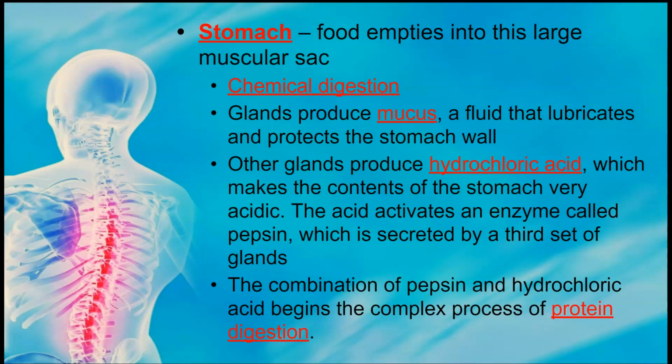So you have water that helps dissolve it. You have the churning physical, mechanical motion. You have the hydrochloric acid, which begins to erode it and cause it to unravel and denature. That means lose its shape, which allows the enzymes like pepsin and amylase to attach to those bonds and break them so we can snip the food down bit by bit. This combination of pepsin and hydrochloric acid begins the complex process of protein digestion.